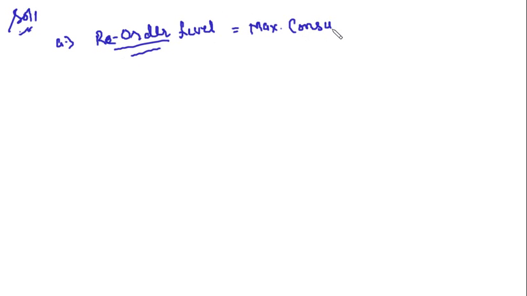तो सबसे पहले हमारे पास क्या है, उसने जो पूछा है दैट इज reorder level. रीऑर्डर लेवल में हम क्या कहते हैं, वो लेवल जिस पे हमें ऑर्डर प्लेस करना है. फॉर दैट व्हाट इज द फॉर्मूला, मैक्सिमम कंजम्पशन. रीऑर्डर में हम क्या लेते हैं, सब कुछ मैक्सिमम इनटू मैक्सिमम लीड टाइम, राइट.